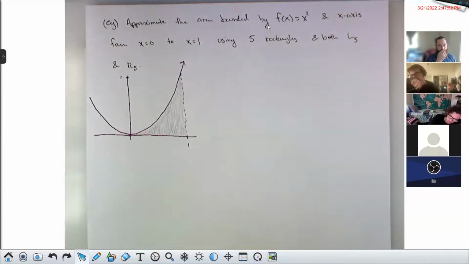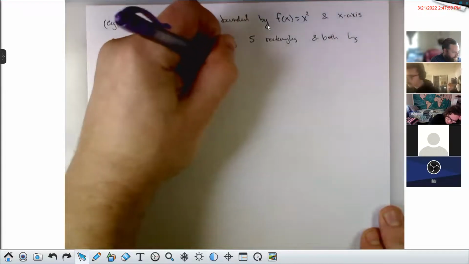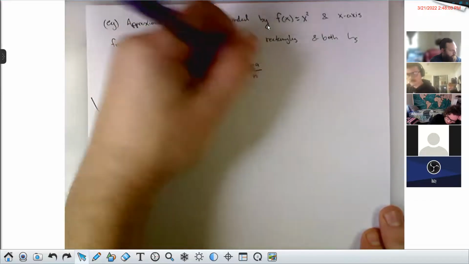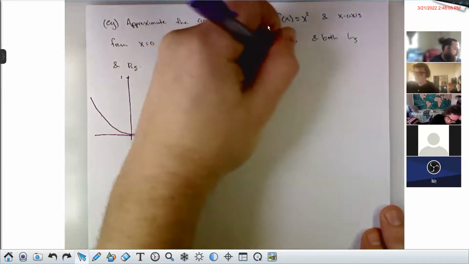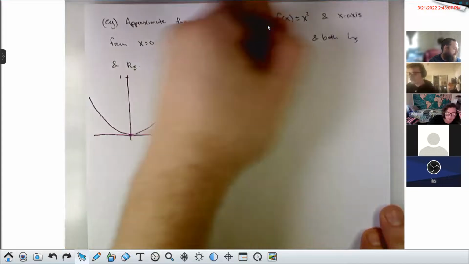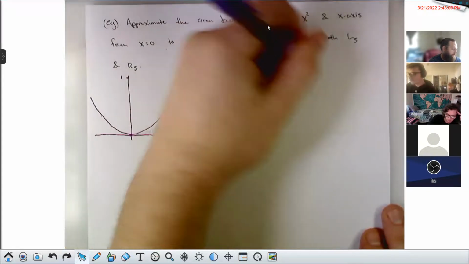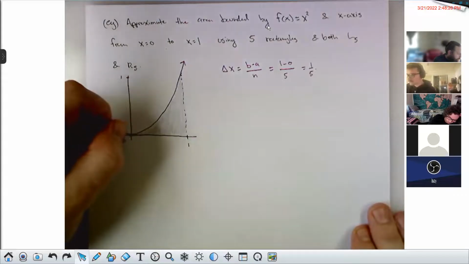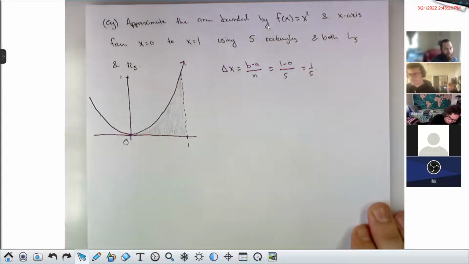If I chop the interval 0 to 1 into 5 equal length pieces, delta x is always b minus a over n. So here that's 1 minus 0 over 5, or 1/5. Zero, of course, is right here.